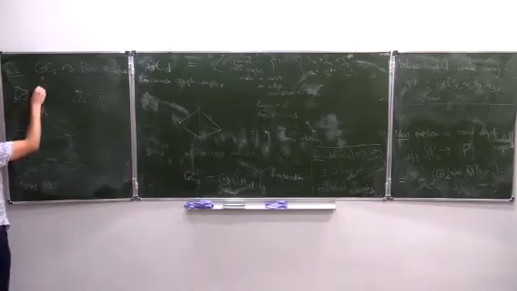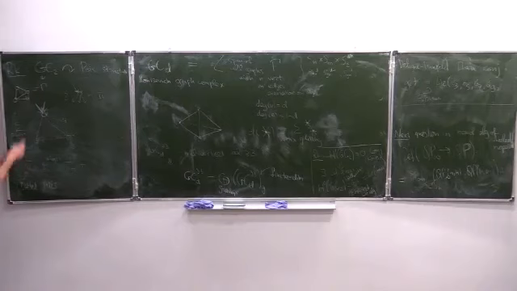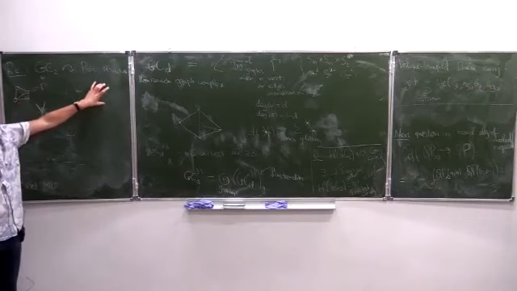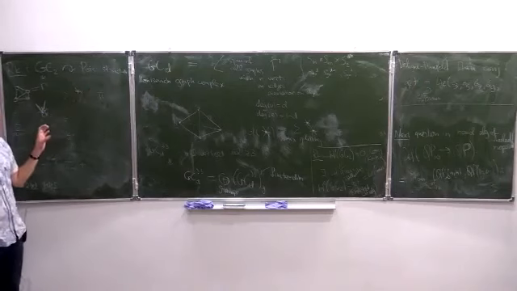Suppose my gamma is a graph. What I want to do is replace the initial tensor, the Poisson structure, by a new tensor.